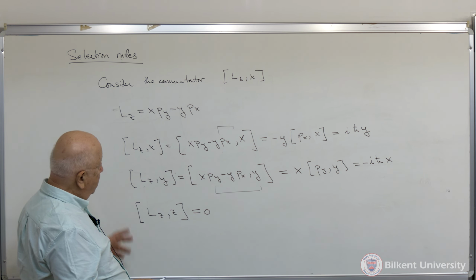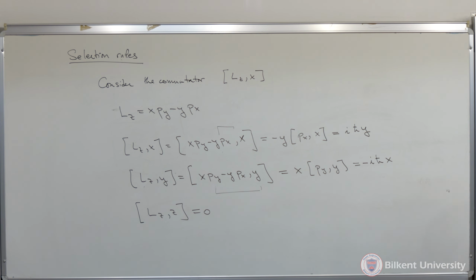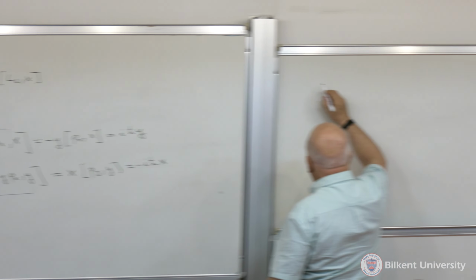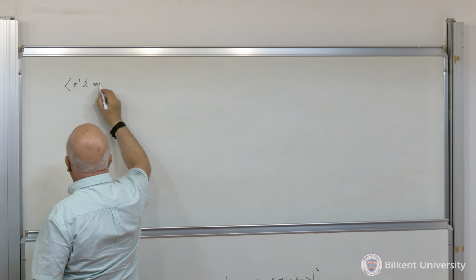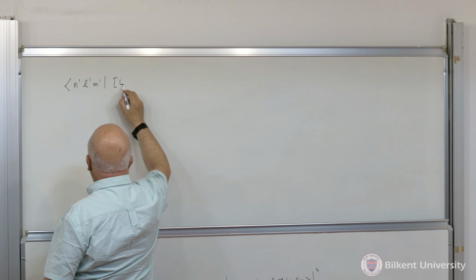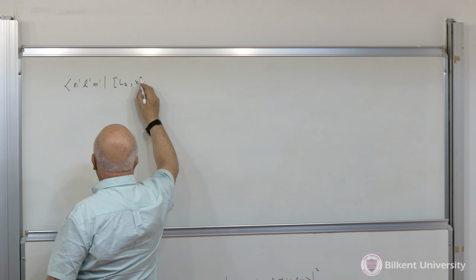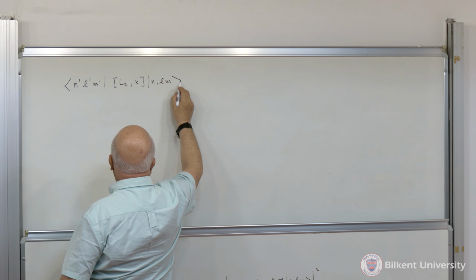So how are we going to use these? What we do is we look at this matrix element. So we look at n prime, l prime, m prime, and let's put the commutator Lz with x, n, l, m.